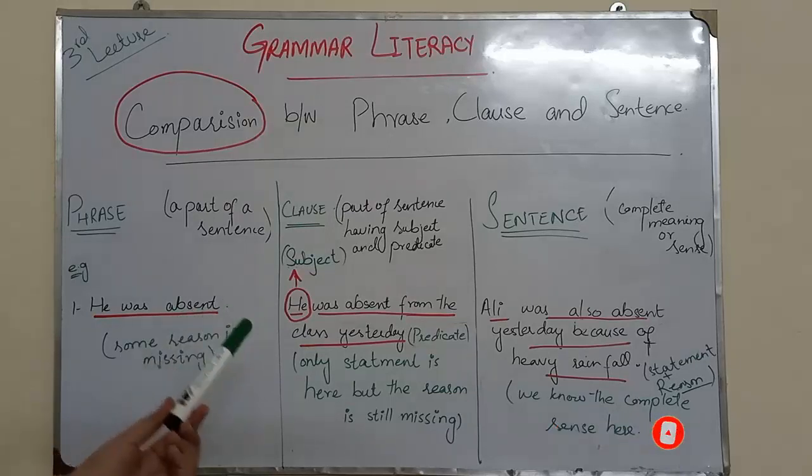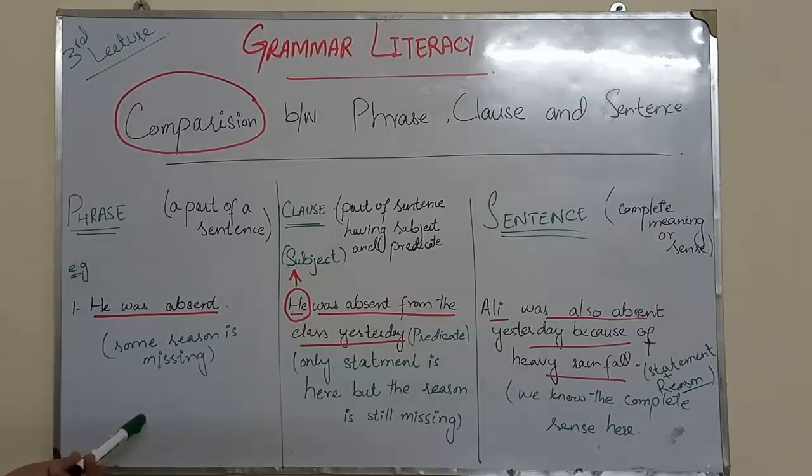You will understand it by the examples that are very clear and very common, which I have given you. Here, I have written some sentences where the reason is missing. Here also only the statement is given, but the reason is missing. But in the last sentence, you can see that the statement and reason are completely given.